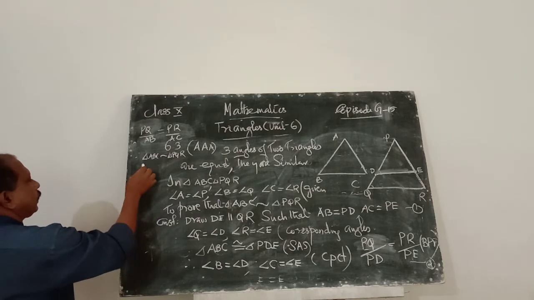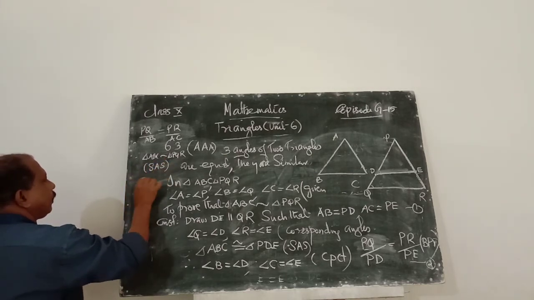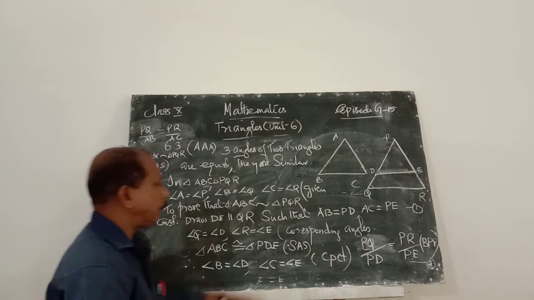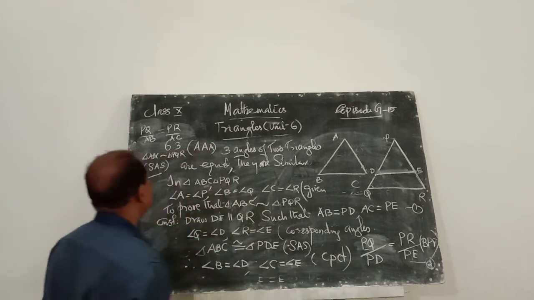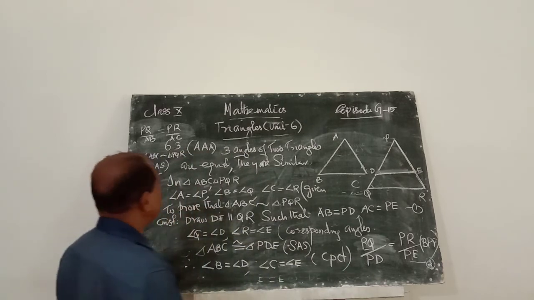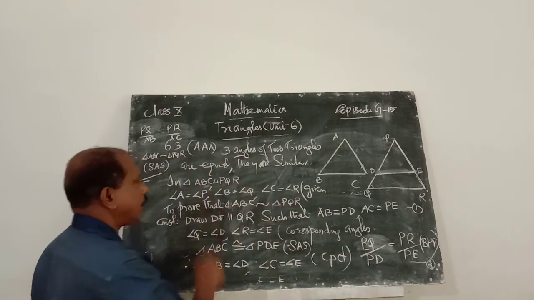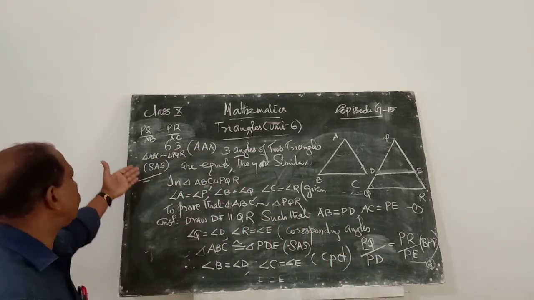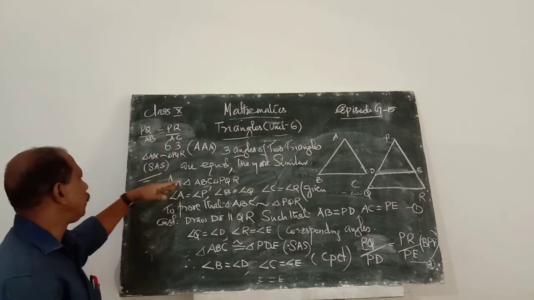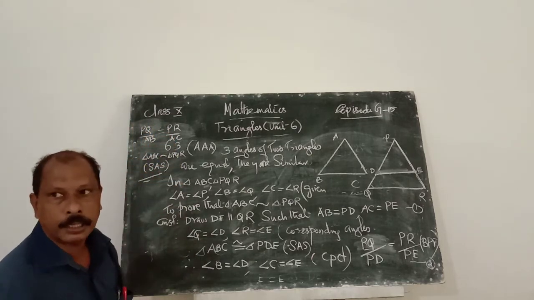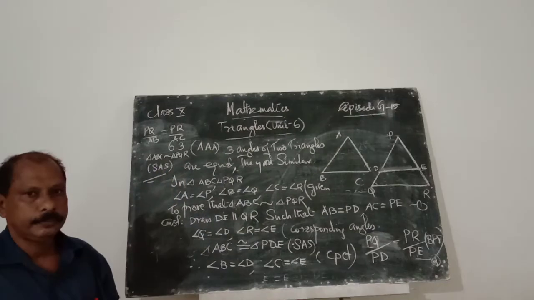That means side angle side criteria. Where AB is replaced by PD, or PD is replaced by AB, and AC is replaced by PE. Therefore, we get PQ by AB is equal to PR by AC. Therefore, triangle ABC is similar to triangle PQR.